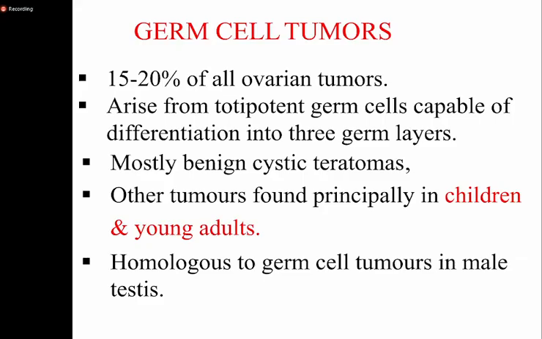The second group of tumors on our table are the germ cell tumors. They comprise 15 to 20% of all ovarian tumors. They arise from the germ cells, which are the cells that give rise to the oocyte.